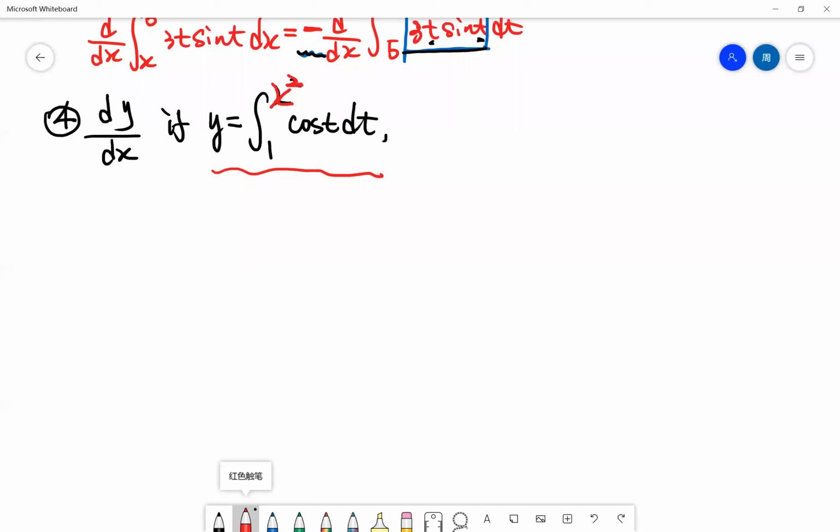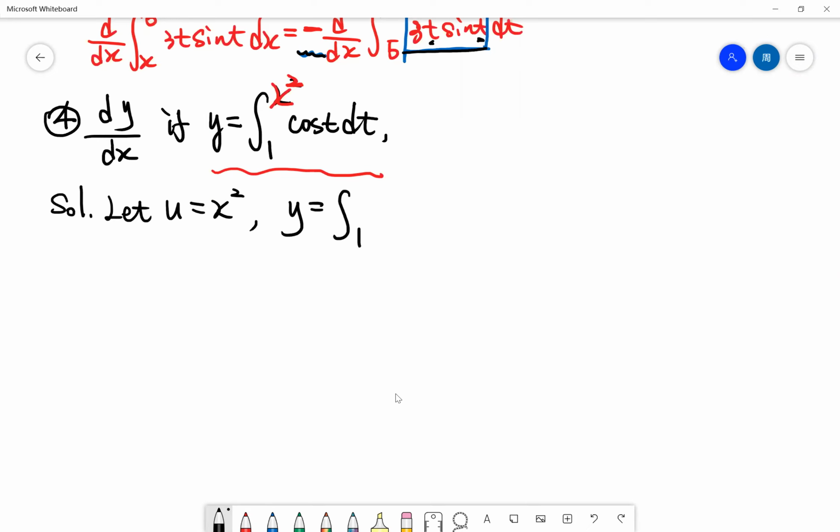So the first step, we use the substitution rule. You can let u be x squared, and then y equals the integral from 1 to u of cosine t dt. And you will find this function matches the formula, right?